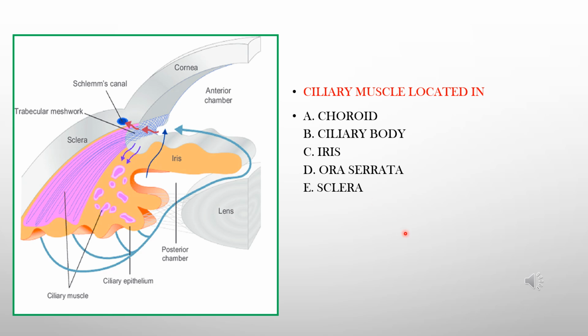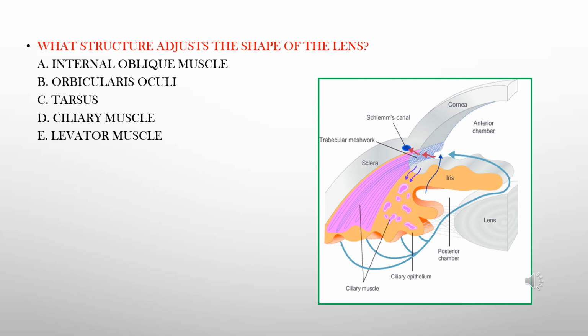Ciliary muscle is located in the choroid, ciliary body, iris, ora serrata, sclera. Okay, exactly. Ciliary muscle is located in the ciliary body. What structure adjusts the shape of the lens? Internal oblique muscle, orbicularis oculi, tarsus, ciliary muscle, levator muscle.